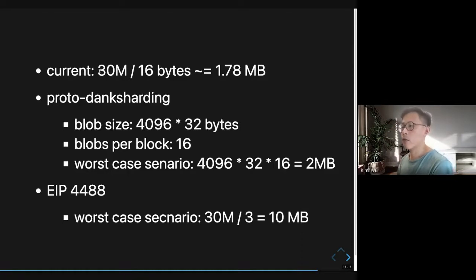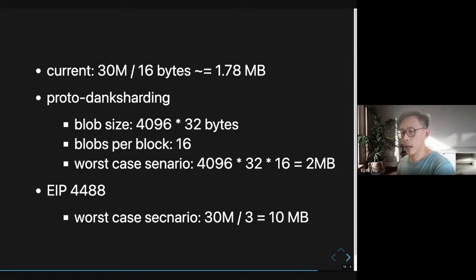We have a 30 million gas limit, which is a cap for the current limit. Every single non-zero byte of data needs to consume 16 gas. So if the whole block hits the cap, the whole block will be around 1.8 megabytes of data.